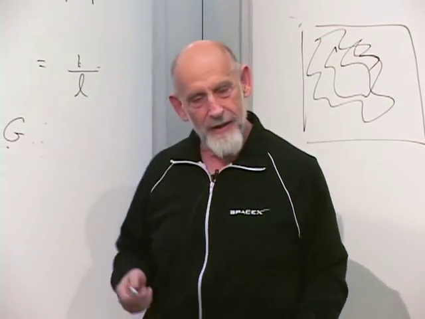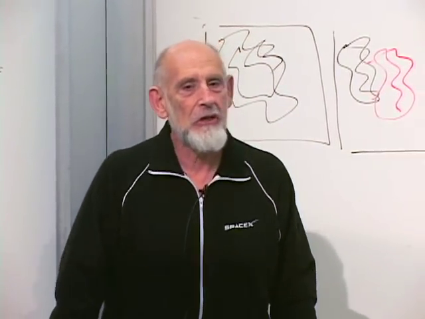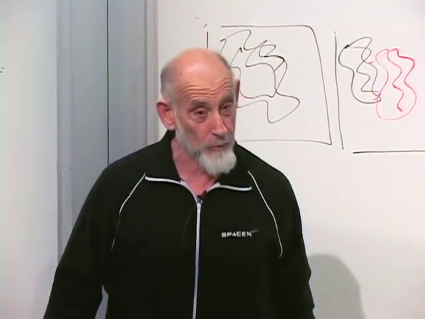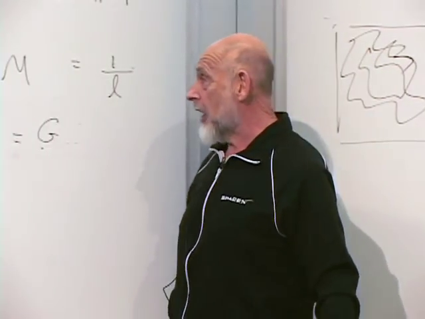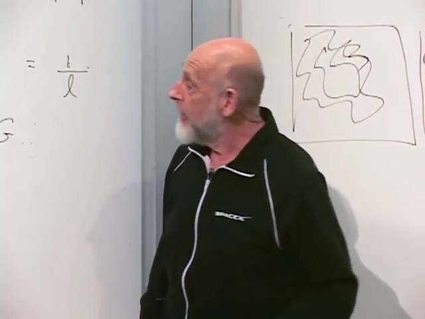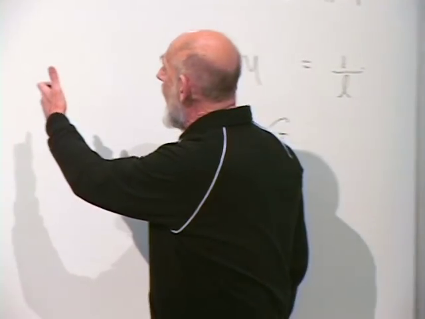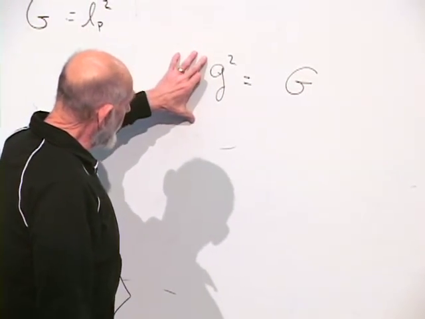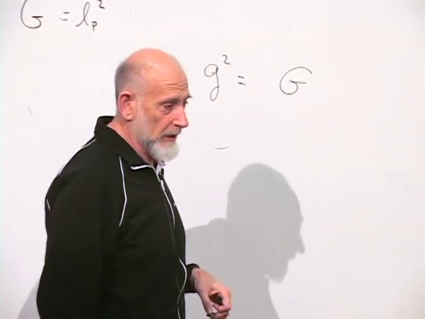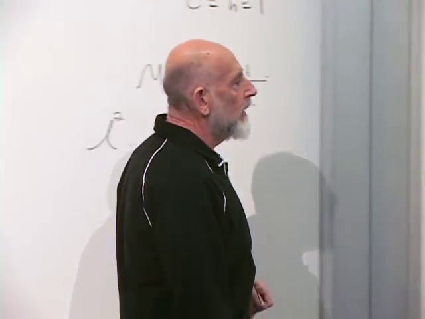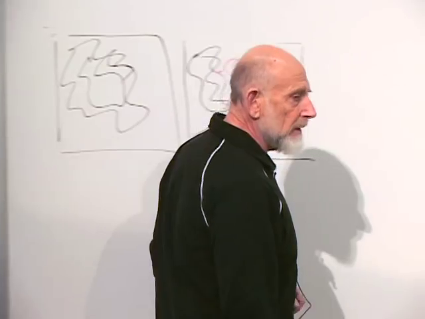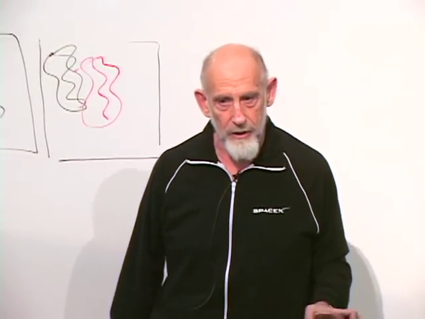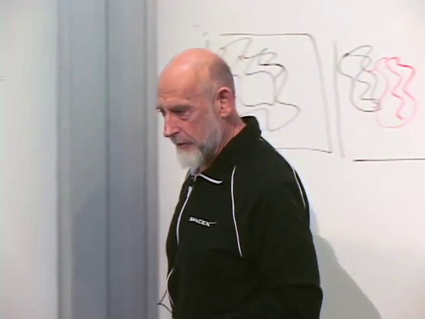But this can't be right. The left-hand side is dimensionless, has no dimensions, it's just a probability. The right-hand side has units of area. So there has to be something else in here to make up the units, to give you an area on the left side. What is that? That has to do with the fundamental length scale of string theory. It's not the Planck length.